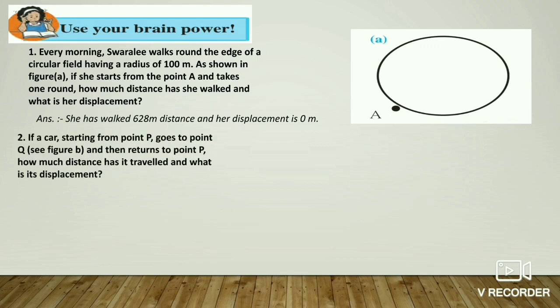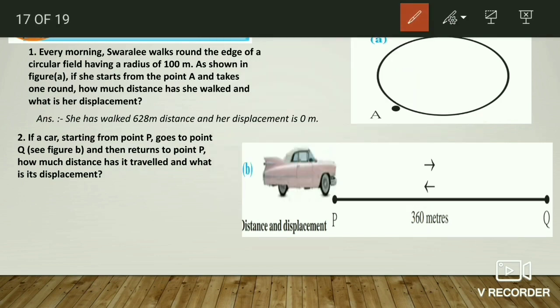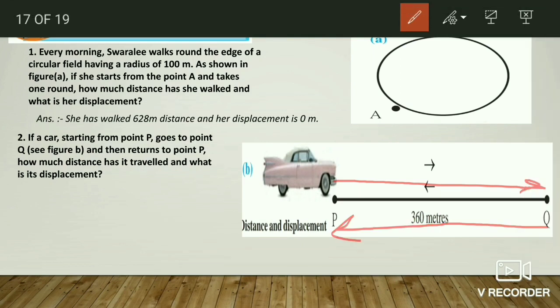Now second example. If a car starting from point P goes to the point Q and then returns to point P, how much distance has it traveled and what is its displacement? Now in this example, here the car travels from point P to point Q, then again from Q to P. So here we have to find distance and displacement.